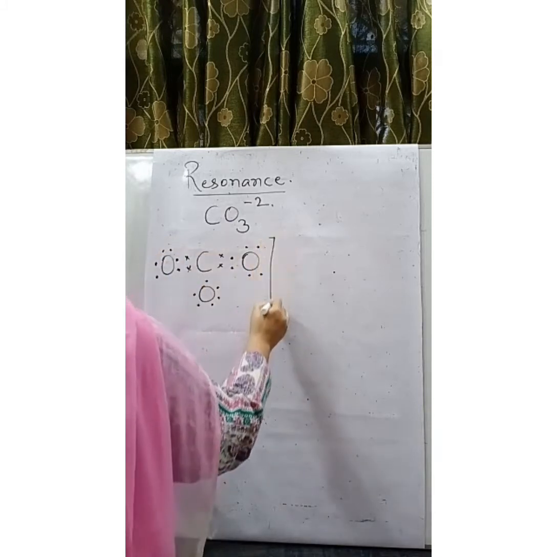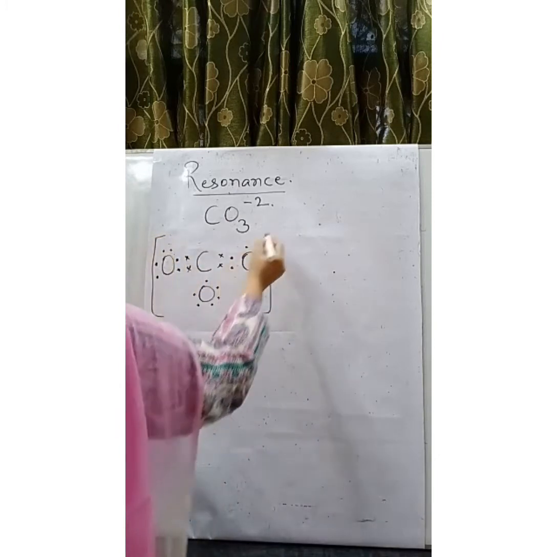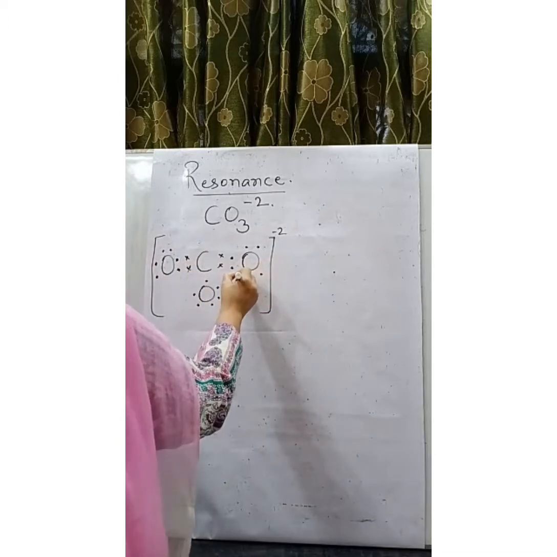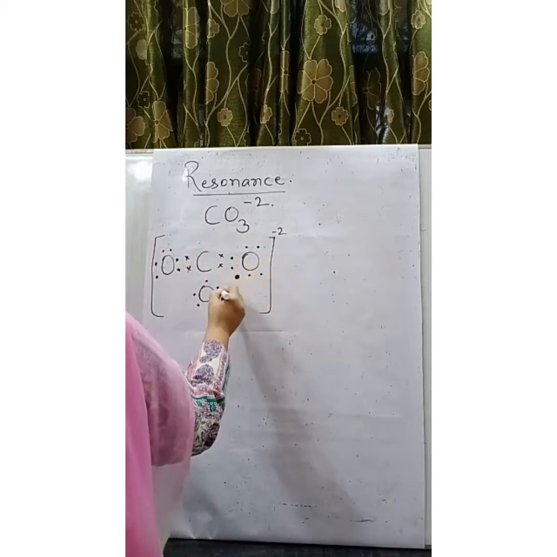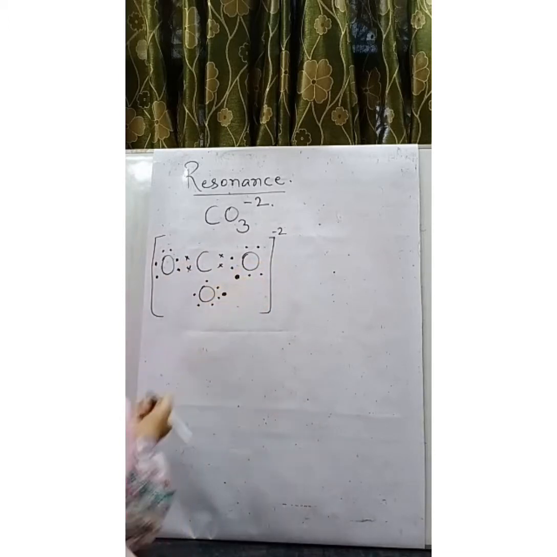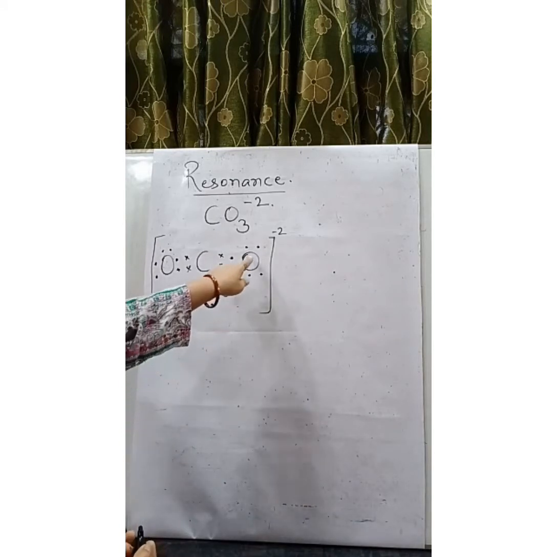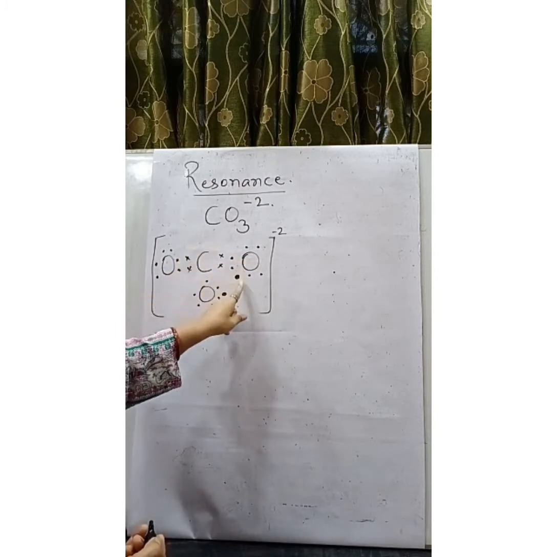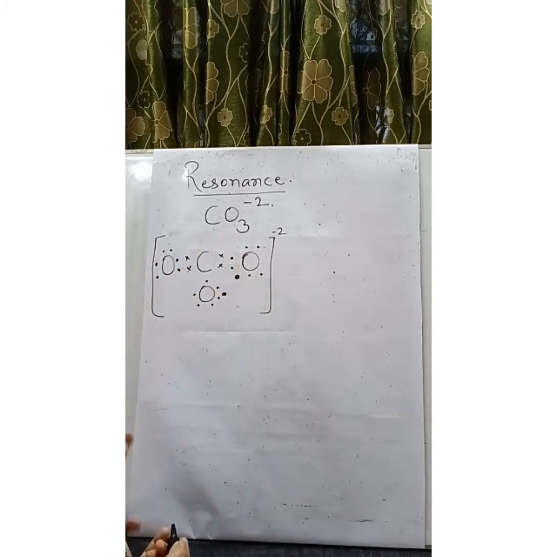Since it is gaining 2 electrons, minus 2, that means electrons are coming from outside. The electron prefers to go near the atom which has more electron gain enthalpy. Oxygen has more electron gain enthalpy compared to carbon, so the electrons are going near the oxygen.